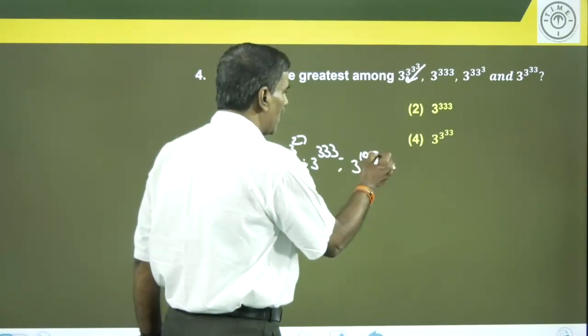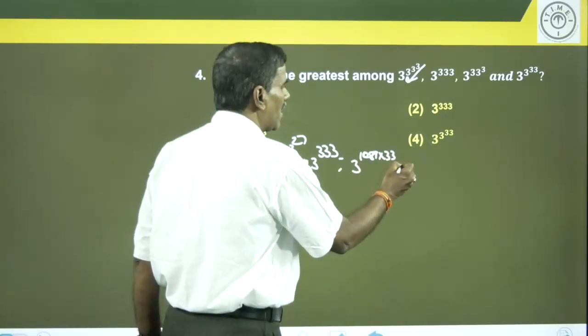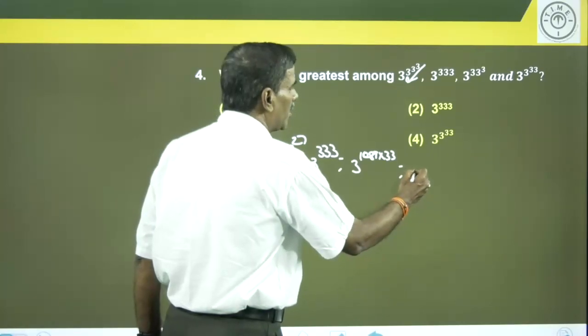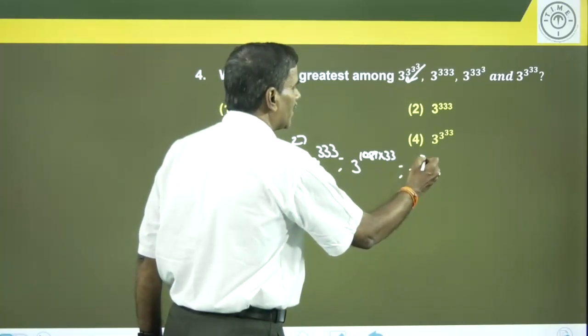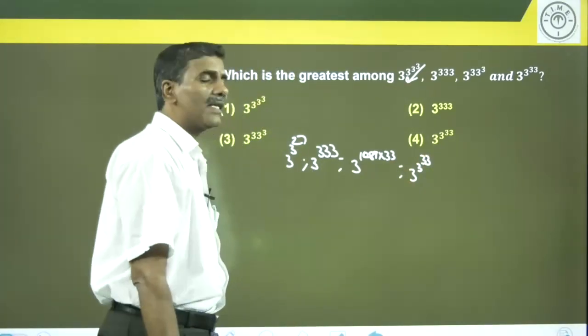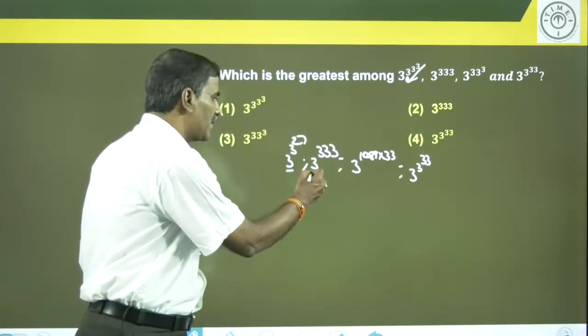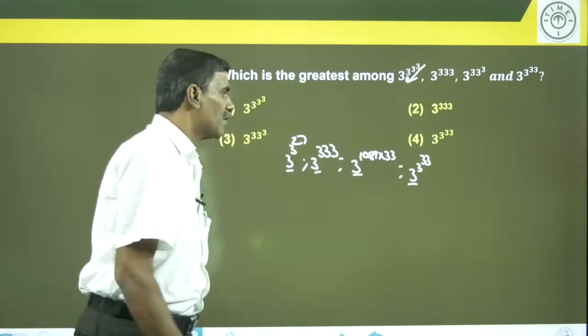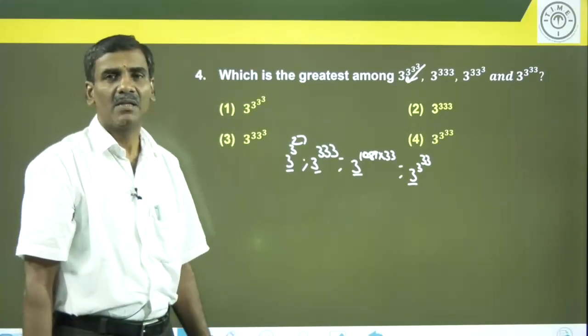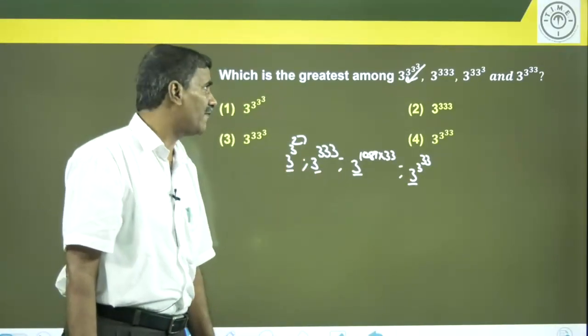And the next number is 3 to the power of 33. In all the cases, we already have the same base, 3, 3, 3, 3. So we have to make the comparison between the powers and identify the greatest.